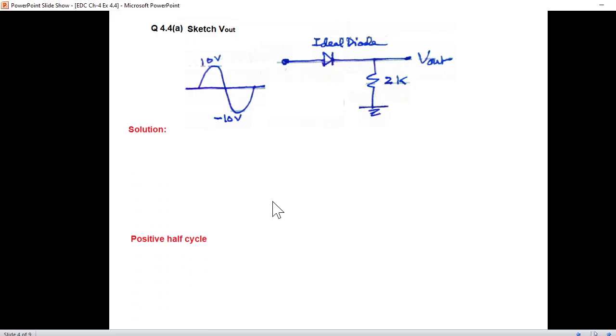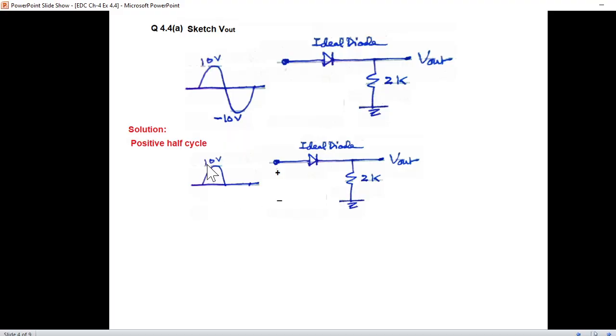Now, the first thing we'll do is consider the positive half cycle. For the positive half cycle, we'll have a positive sign at the top, input, and negative at the bottom. If you recall the knowledge of diode, this is the positive of the diode and this vertical line shows the negative of the diode.